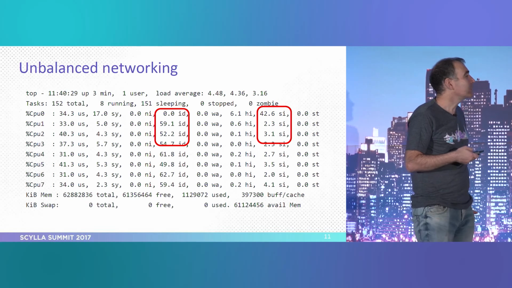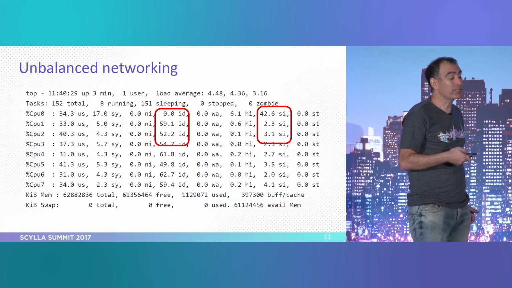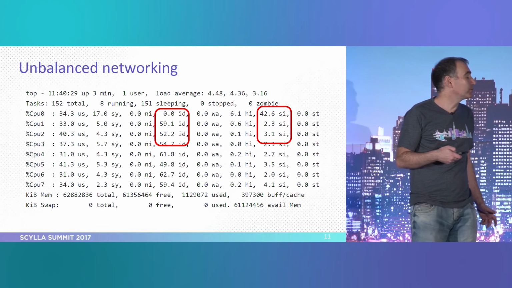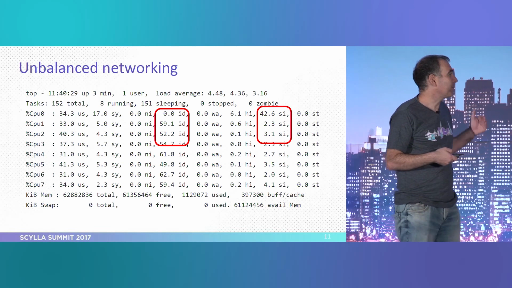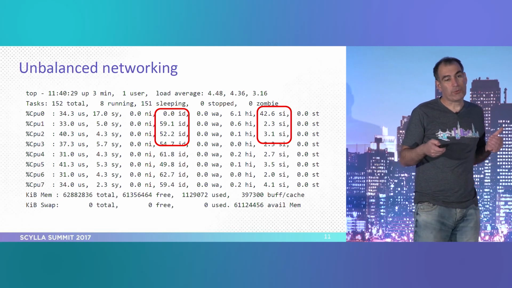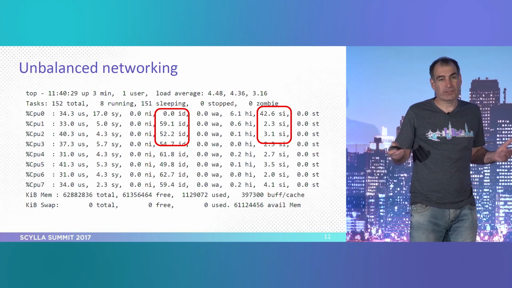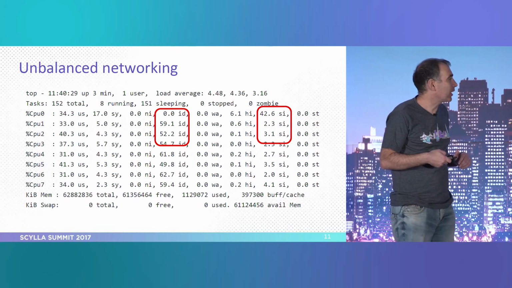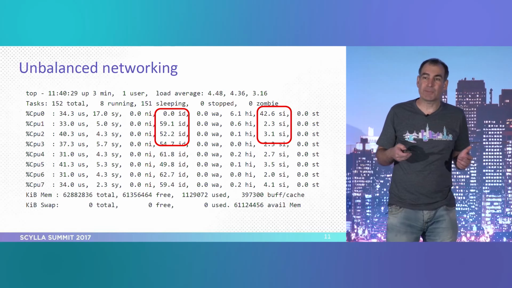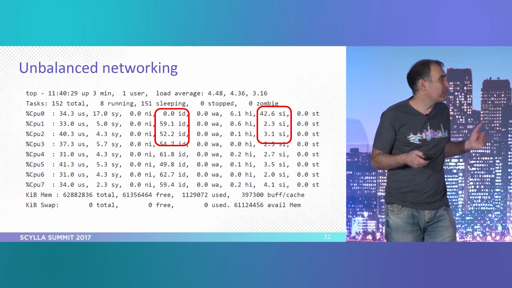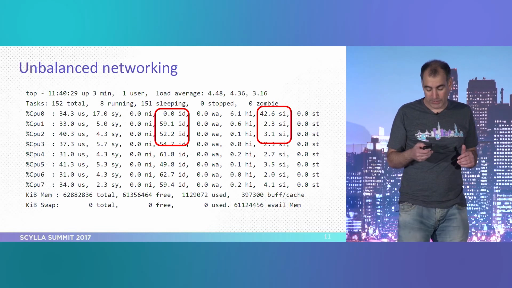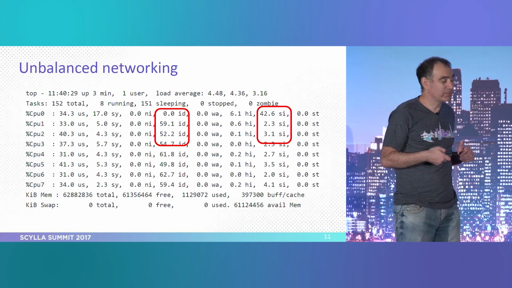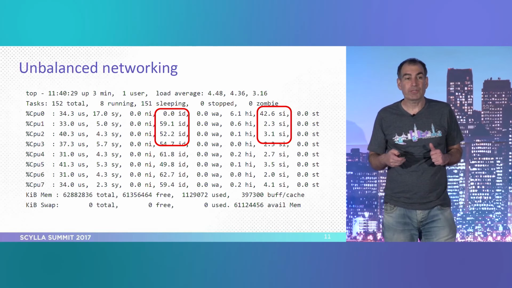So in this case, the networking did not get distributed correctly to all of the cores, and there is just core 0 doing all of the work, and core 0 is strangled. Because of the nature of a distributed, shared-nothing system, it runs at the speed of the slowest component, and all of the other cores are slowed down because of that. So that is how you recognize this situation, and you know that something is wrong.